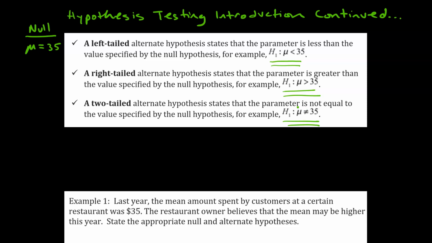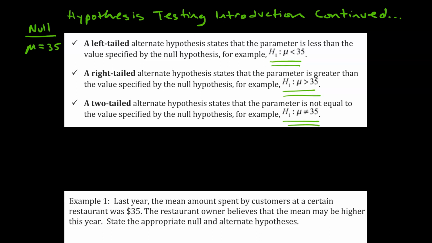And the names actually will make a lot of sense to you as we dig into this, because we're going to be working with a normal distribution again. And when your alternate hypothesis is this, then you're typically working on the left side of that normal distribution. When your alternate hypothesis is this, you're typically working on the right side, hence the names left-tailed, right-tailed, etc.